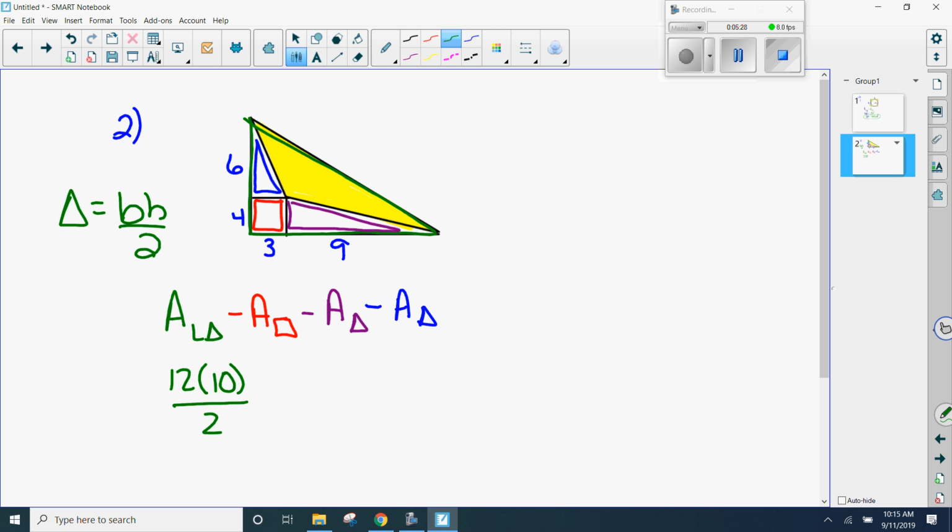Then you divide by 2. 120 divided by 2, which is 60. Now I want the rectangle. That's 4 times 3, which is 12. Do not divide by 2 because it's a rectangle, not a triangle, which some of you divided by 2.